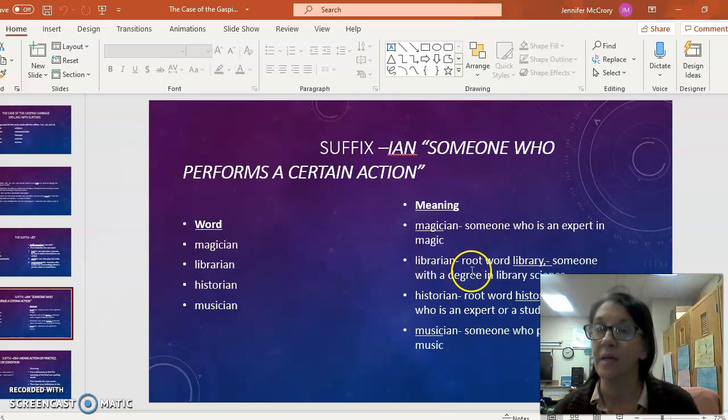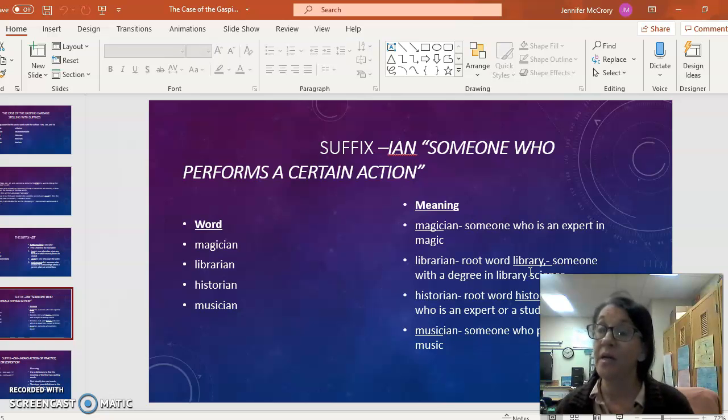Now we look at librarian. Well, if I underlined libraire, that's not my root word, but library. I know that a library is a place that has books.